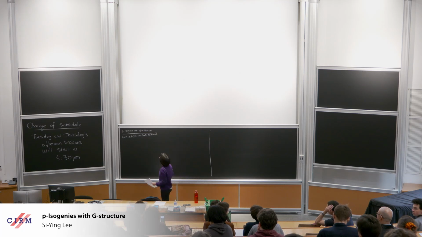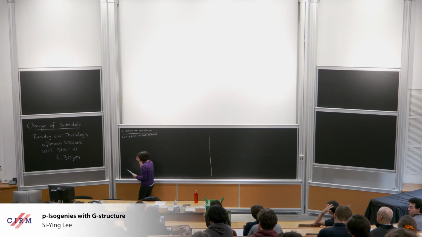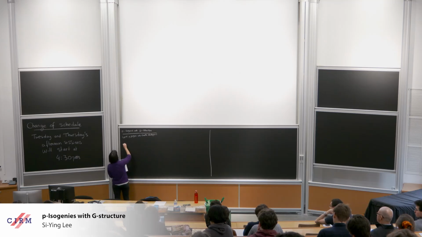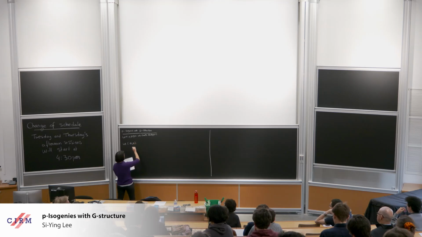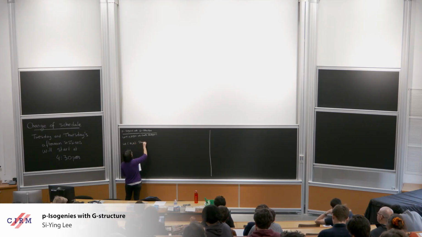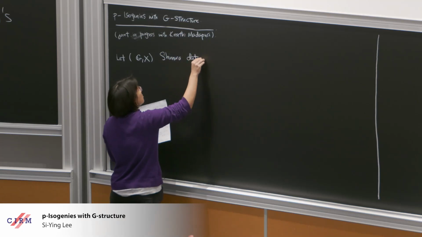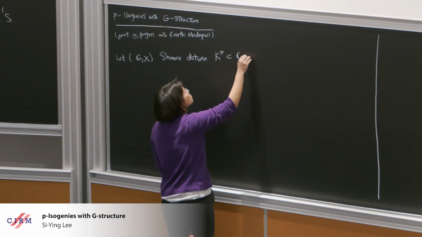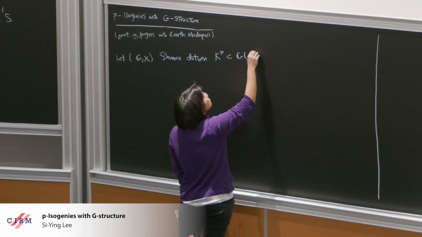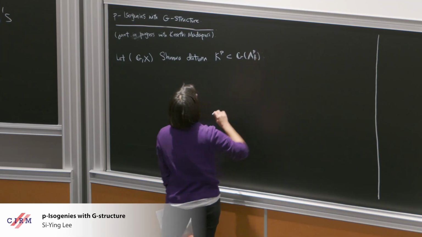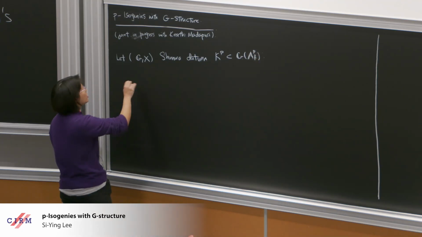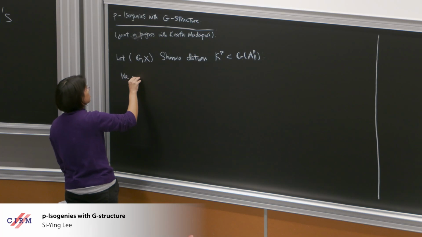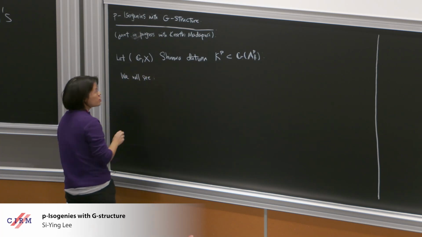To motivate the question of p-isogenies with G structure, let me mention something which I think Ming Jia will talk about a little more tomorrow. If you start with a Shimura datum, and let's say you have some compact open, then she will explain tomorrow that we have this Igusa stack diagram.